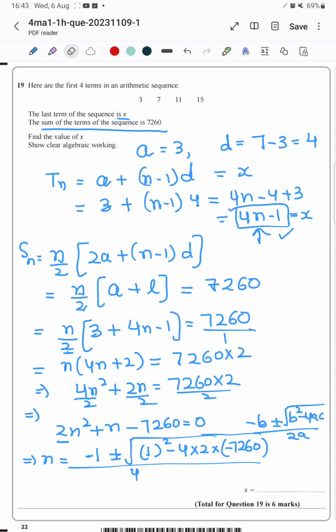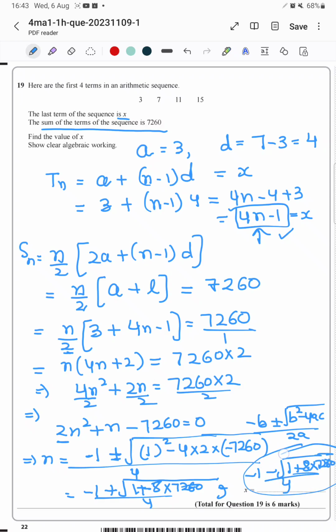Now the most important thing to consider is that when you solve it, this is plus or minus. So for plus, you get 1 plus the square root of 1 plus 8 times 7260, divided by 4, and another value will be 1 minus the square root of 1 plus 8 times 7260, over 4.